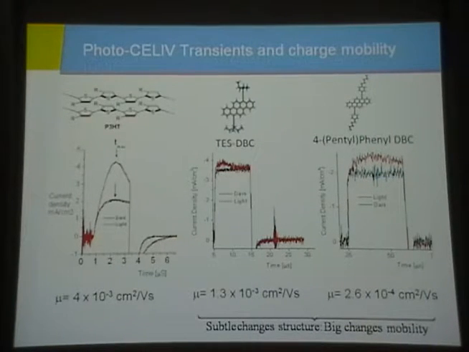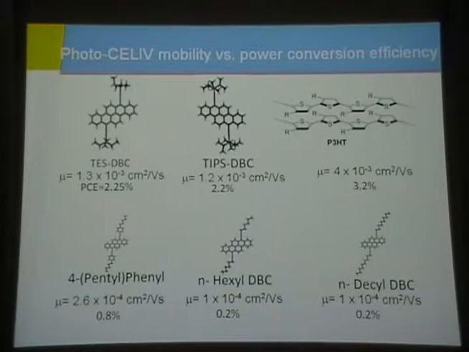But if you now compare the bulk mobility measurements on the single components with the solar cell efficiency, the upper three molecules have shown relatively higher mobility and relatively higher solar cell efficiency. The lower three molecules have shown relatively lower mobility and at the same time very poor solar cell performance.